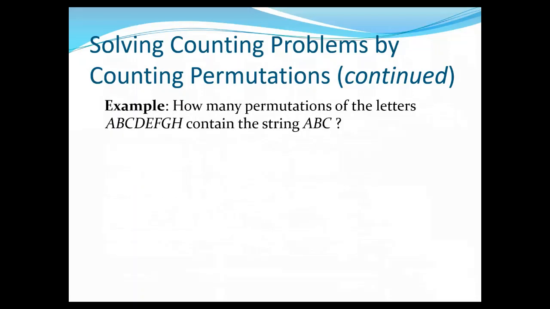Another example. How many permutations of the letters A, B, C, D, E, F, G, H contain the string ABC? To answer this, how many letters do we have? We have 8 letters.